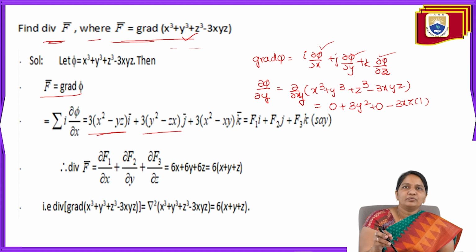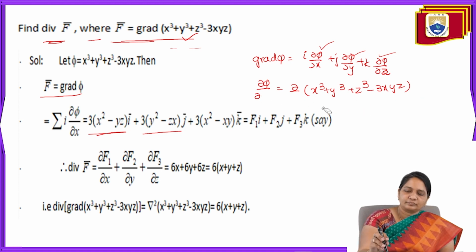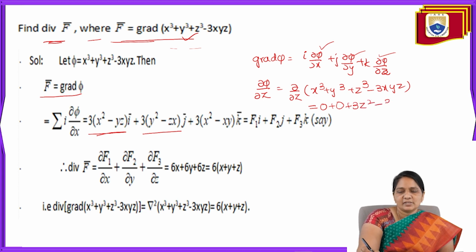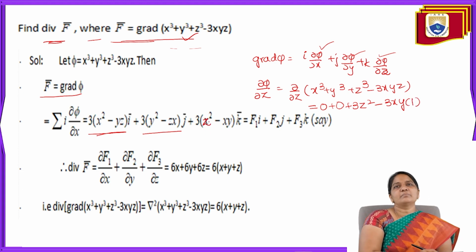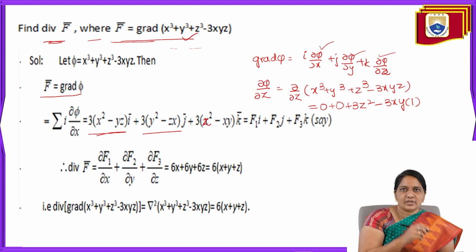Now I am going to do with respect to z. So dou phi by dou z. With respect to z, x cube is 0, y cube also 0. Here z cube is 3z square, minus 3xy, z value is 1. So finally this is 3z square minus 3xy. This is the value of dou phi by dou z.